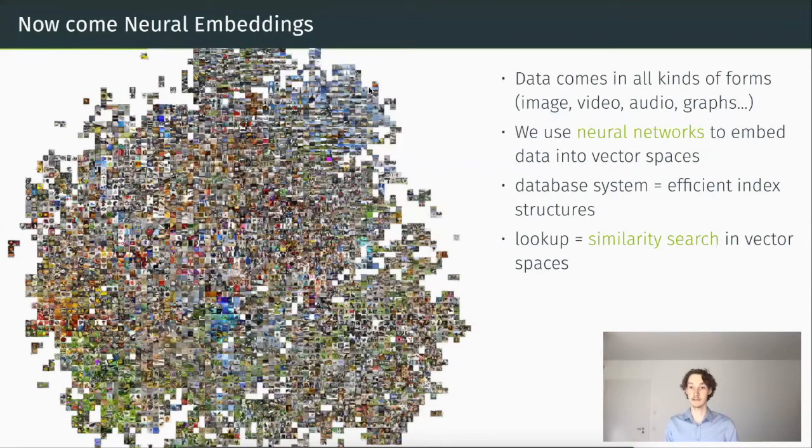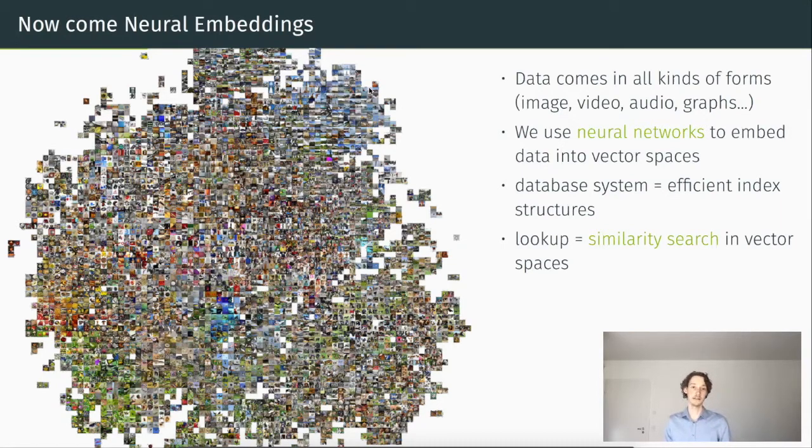Nowadays, data comes in all sorts of varieties as images, video, audio, graphs, and we want to do essentially the same, like look up data in our databases. So what we do is we take neural networks and map our multimedia data into vector spaces.